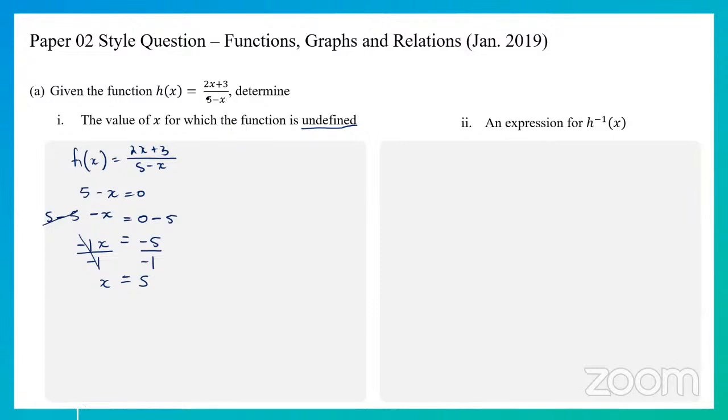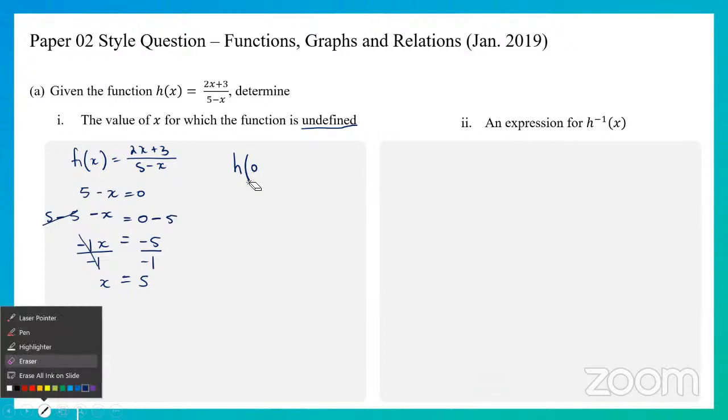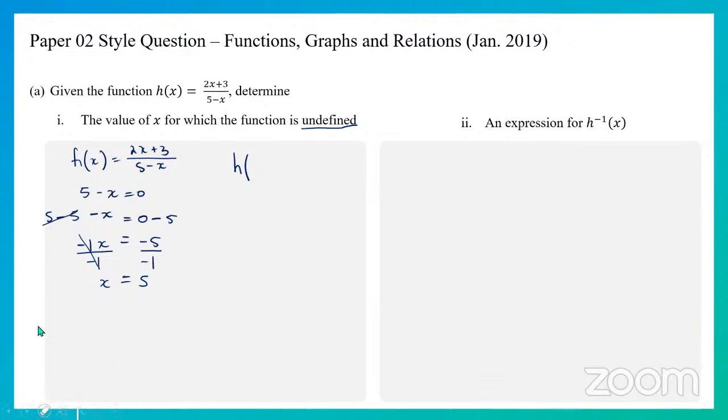So h of x is equal to 2x plus 3 over 5 minus x. This is just to prove that this is undefined. I'm going to replace x with positive 5: h of 5 equals 2 times 5 plus 3 over 5 minus 5.